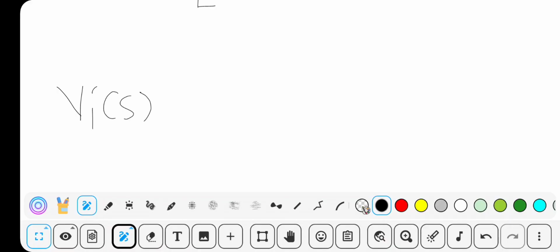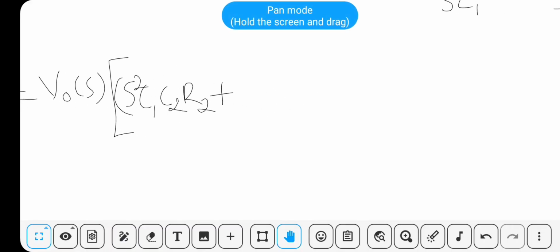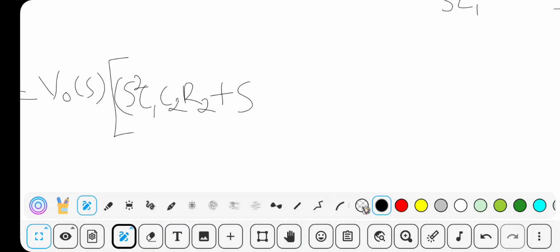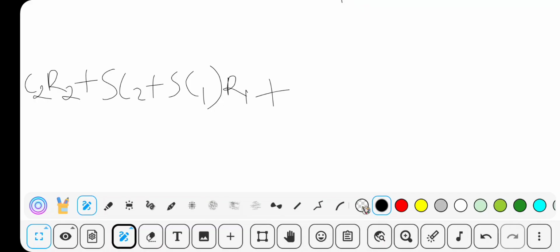Simplifying further, this is Vin of S equal to V naught of S times S squared C1 C2 R2 plus SC2 SC1 R1 plus S capacitor 2 resistor 2 plus 1.